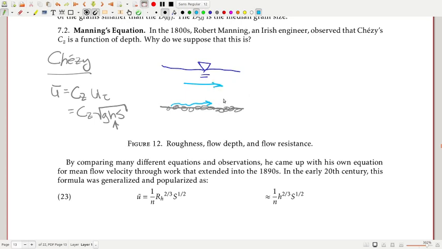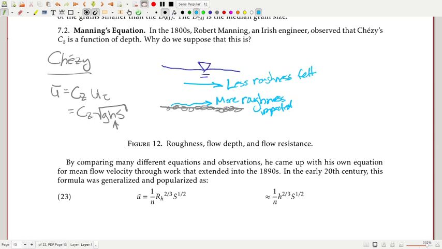So on the bottom is more roughness impact, and at the top is less roughness felt. And that's because this higher up flow is cushioned from the roughness by this flow that's lower down.